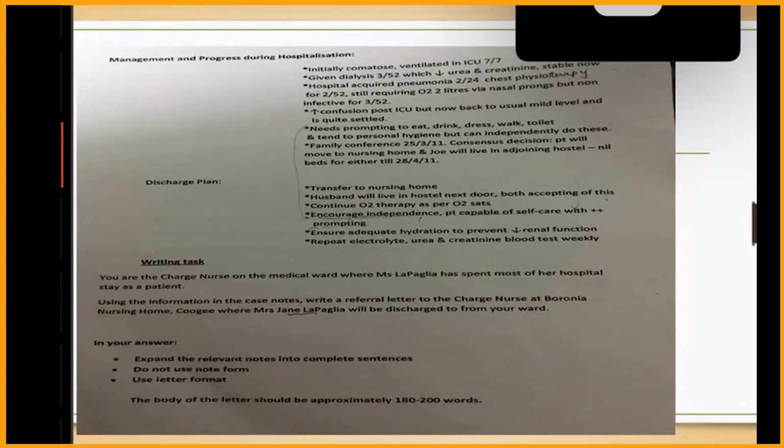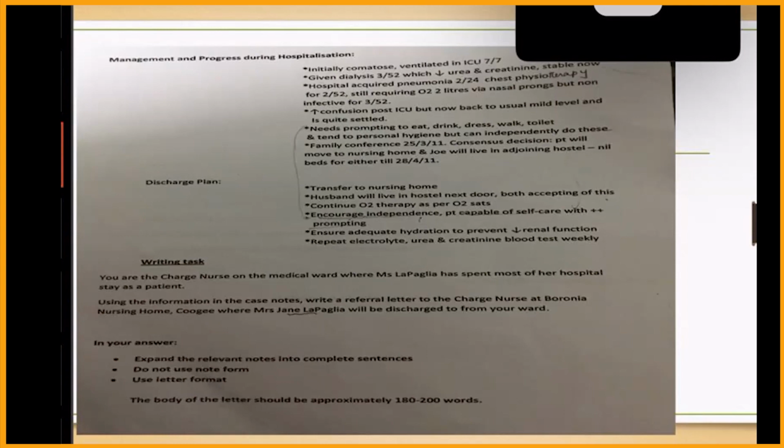He did not acquire any other infections. Since he did not acquire any other infection, you don't have to write that. But you can write he was given oxygen, he still requires oxygen through nasal prongs. I think that is important. Since there is no infection, you don't have to write there's no infection. Omit that.